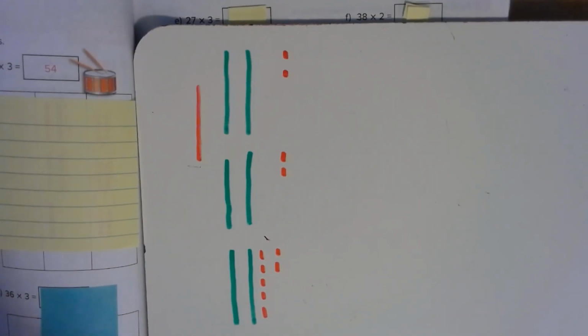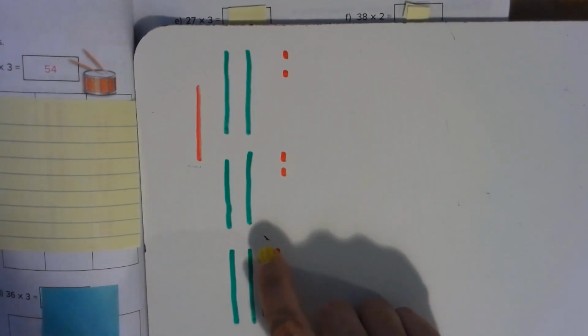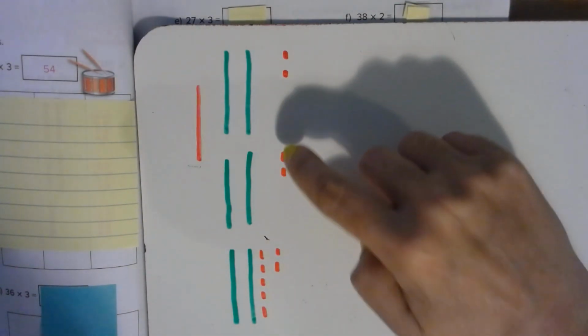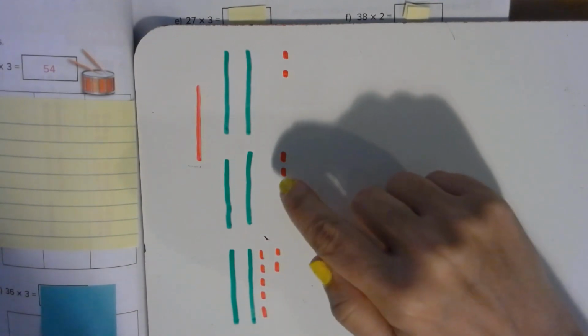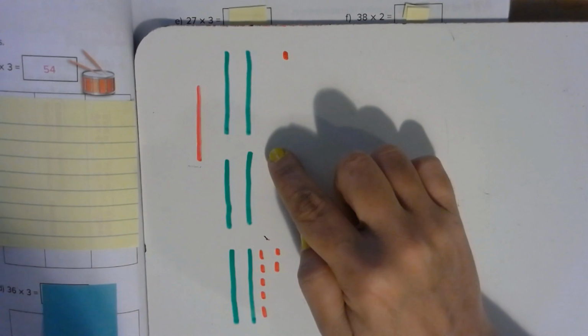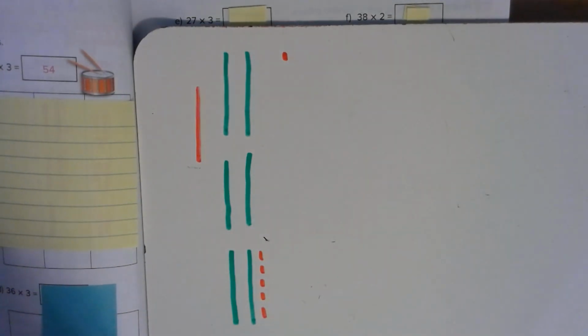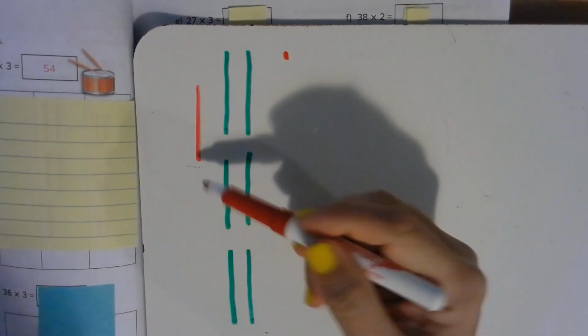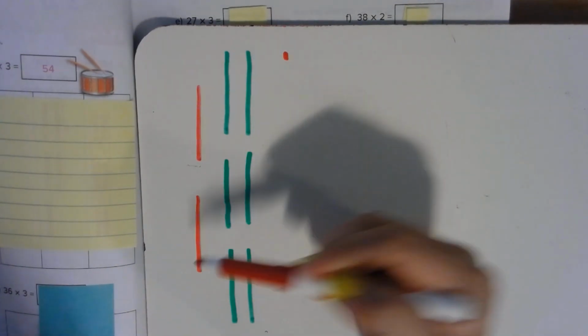Let's see if we still have another group of 10. I know this is 5, 6, 7. What if I add some more? So I have 7, 8, 9, 10. I do. So I'll take away 1, 2, 3, 4, 5, and then this group of 5, and I'll move my units over here.